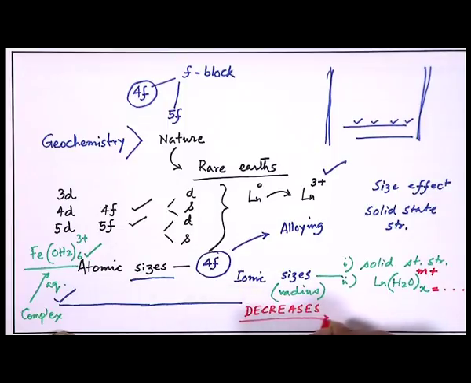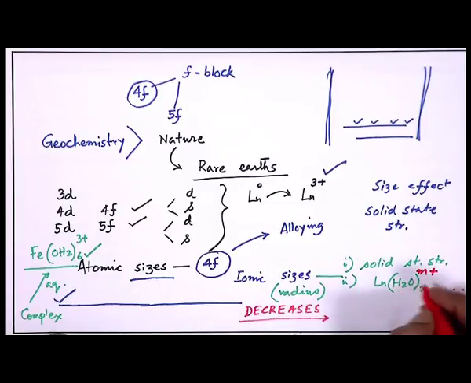along the series. As the electrons are filling into the different orbitals, we have some nuclear charge increase, but that is not contributing to the corresponding atomic or ionic radius of that particular element or its ionic condition.